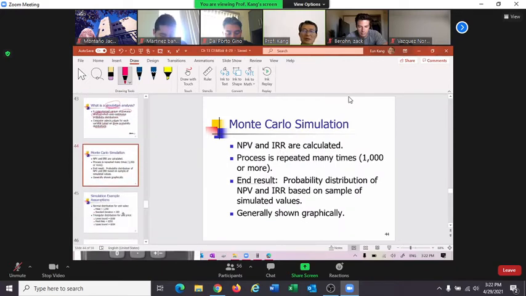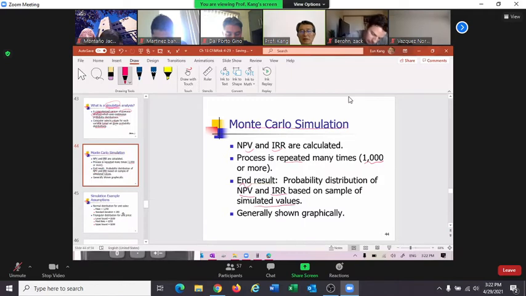So we call it Monte Carlo simulation. And then you calculate NPVs and IRRs, and the process is repeated many times. As I said, 1,000 times or more. And the result is a probability distribution of net present value and IRR based on a sample of simulated values.